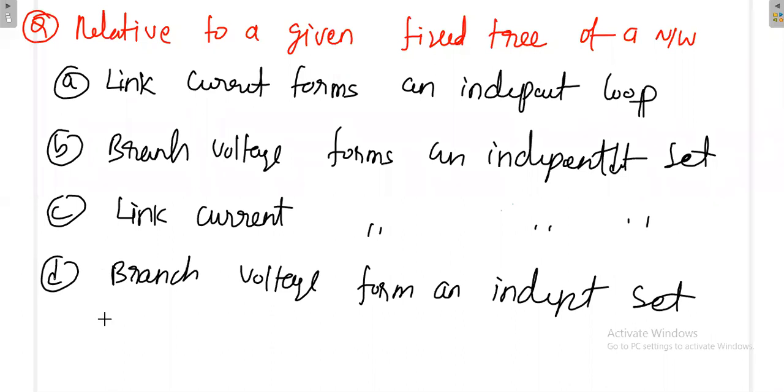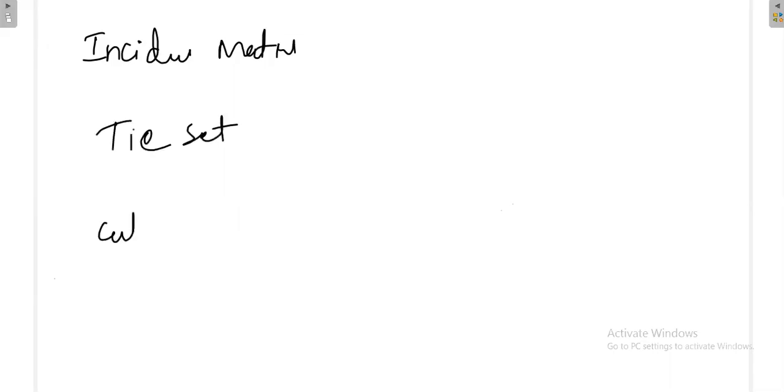So for a particular graph, you are given a tree. Which of the statements is true? Think of the three methods possible: the incidence matrix, the tie set, and the cut set.